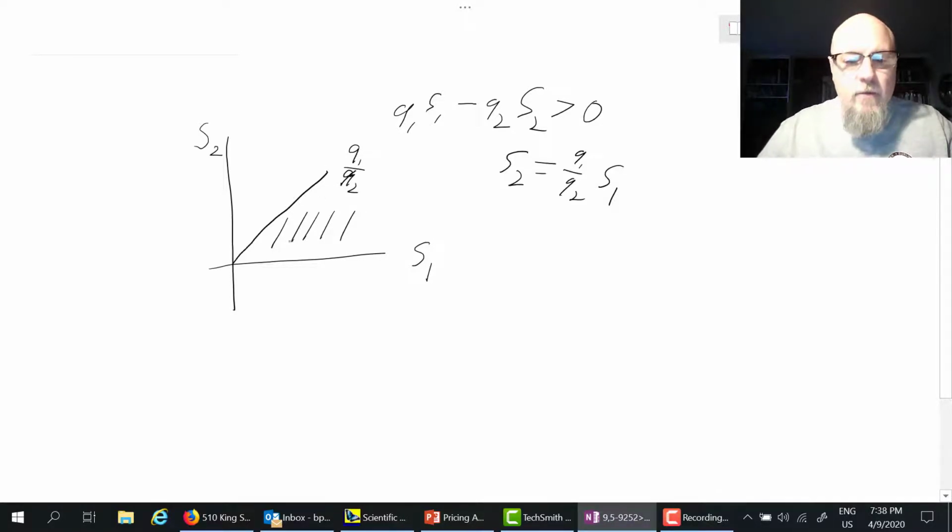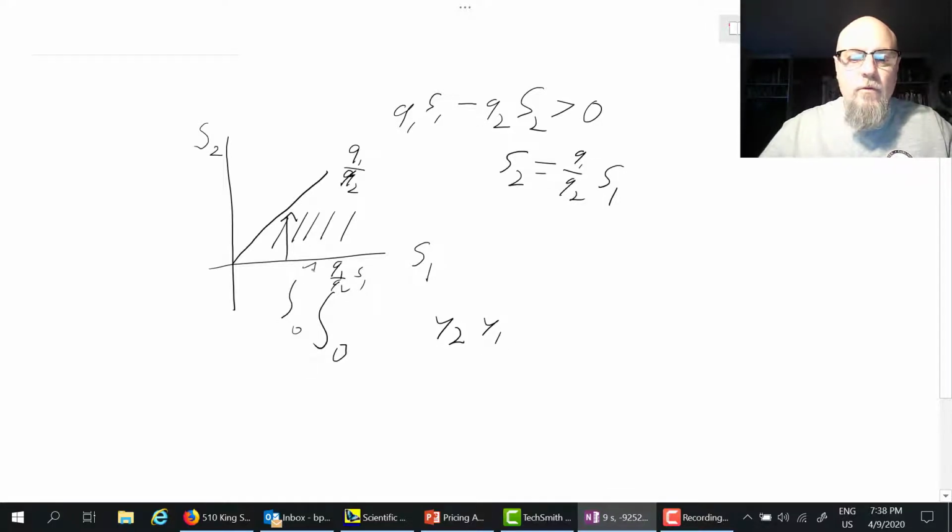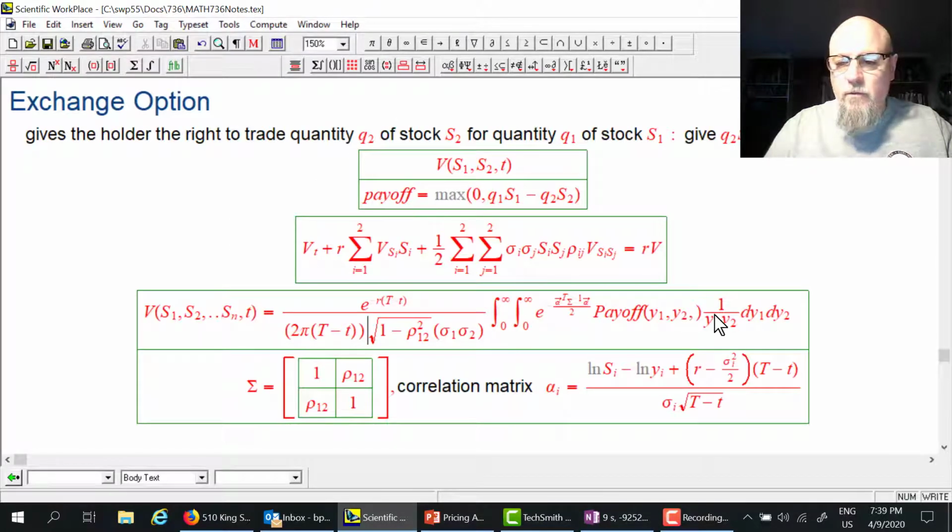So now we're going to integrate, instead of from 0 to infinity for both pieces, let's do the S2 first. S2 is always going from 0 to the line. So our integral for S2 is going from 0 to the line, and the line is Q1 over Q2 times S1, and then S1 is going from 0 to infinity.